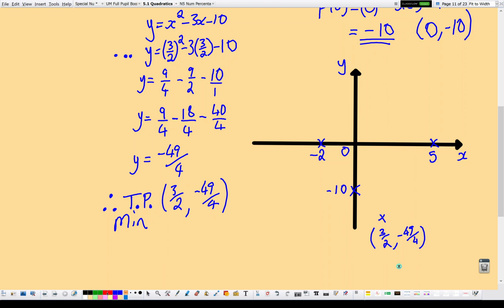So once you've got all those points on, we can now draw a nice smooth parabola joining those points together.